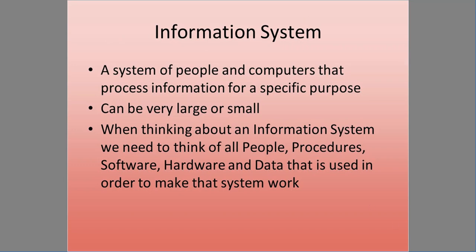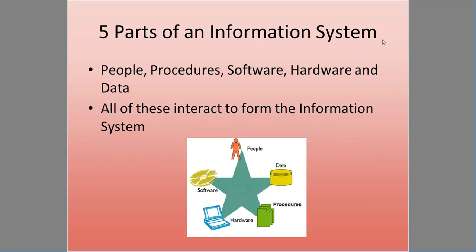Essentially, though, information systems are built up of 5 parts. There are 5 key parts, which are the procedures, the people, the software, the hardware, and the data. And all of these interact in order to form what is known as the information system.